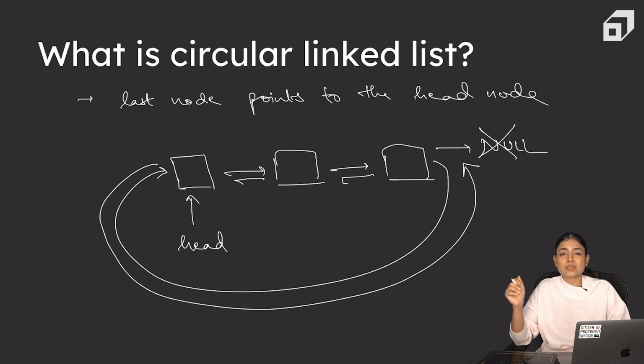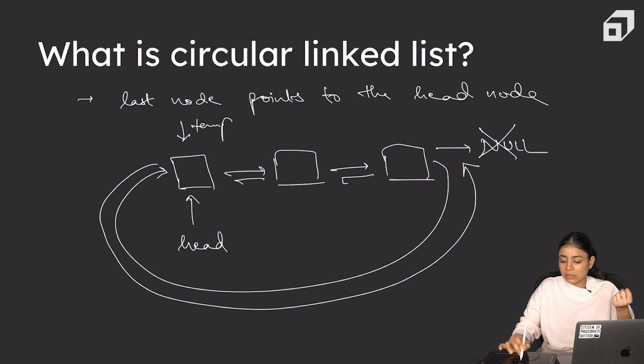Now what are the advantages of using circular linked list? First of all, you can start traversal from any point in my circular linked list and still you can traverse through all of the nodes. Also in circular linked list, the advantage comes when we want to traverse our linked list multiple times. If it's a normal singly linked list and we want to traverse it, we take a temp pointer and we use it to traverse till the last node.